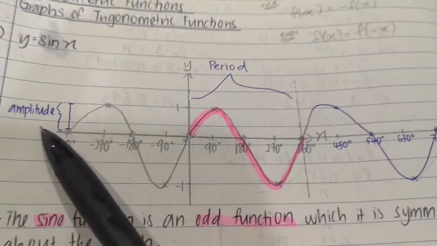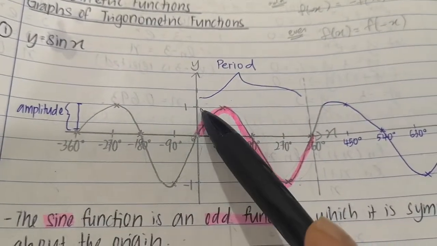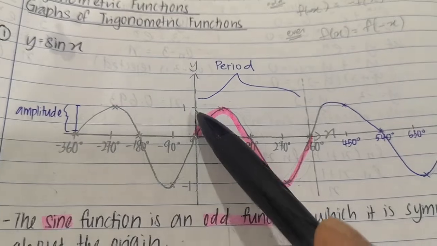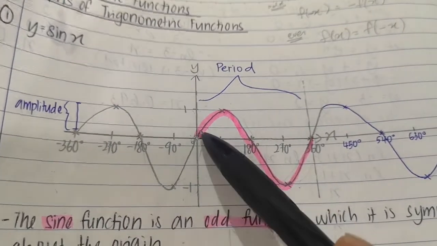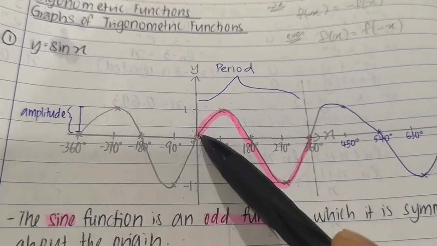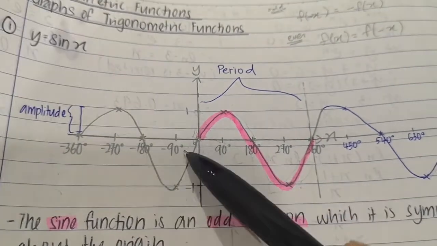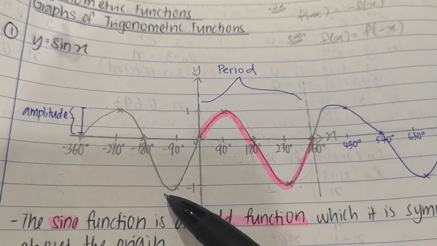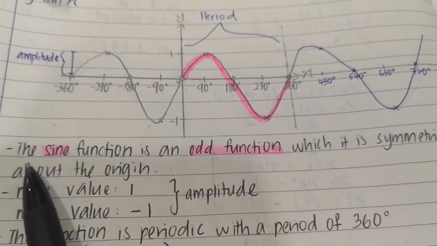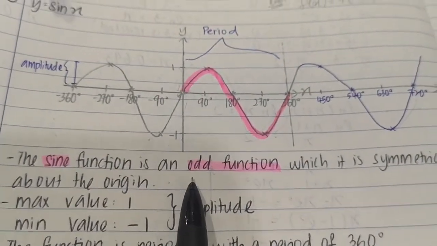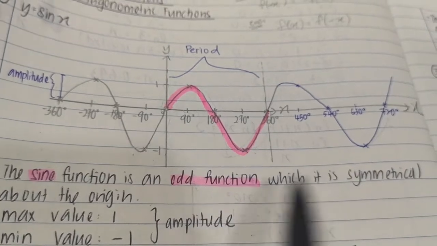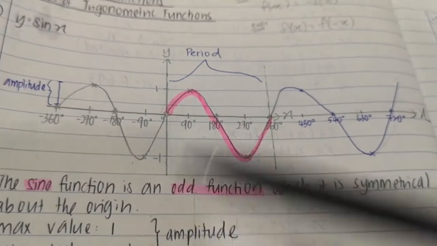The amplitude is the highest or the lowest. This highest point and lowest point, we call it amplitude. From here to here, we call it amplitude. If you look here, the sine function is an odd function. Why do we call it an odd function? Because it is symmetrical about the origin.